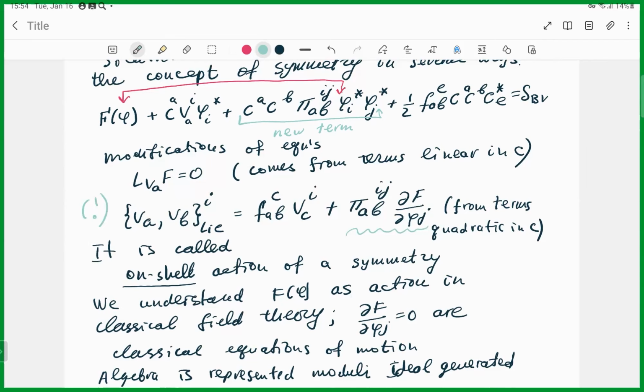For example, in GR and the relativistic particle, in the action the dt also has a factor beta under the Lorentz transformation. So I consider f as a generalization of the action, not as a generalization of a Lagrangian. Oh, okay.